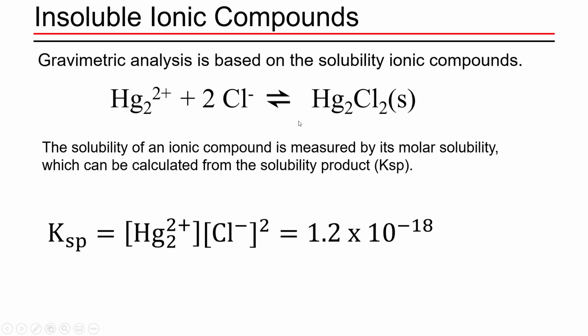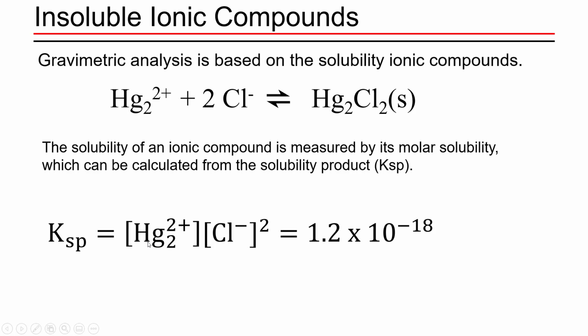And so as a result, because in this equilibrium constant expression the pure solid mercury 1 chloride will not appear, the solubility product constant is simply the concentrations of the ions involved in the precipitate raised to their stoichiometric coefficient. So remember, if we're looking at the reverse of this reaction, which is what the KSP refers to, we do products over reactants. The mercury chloride doesn't appear because it's a pure solid.